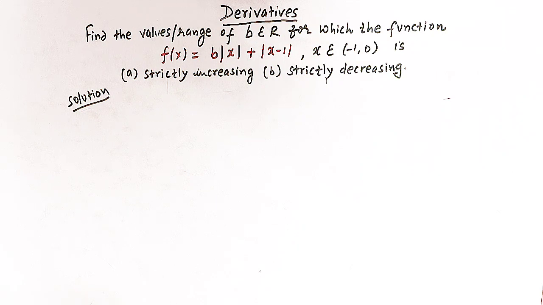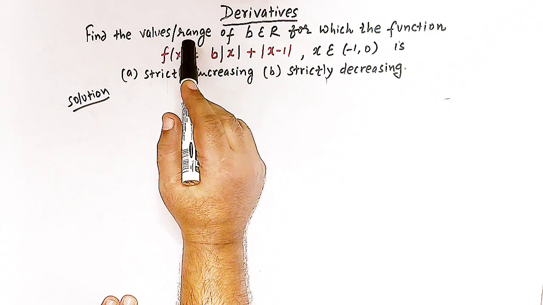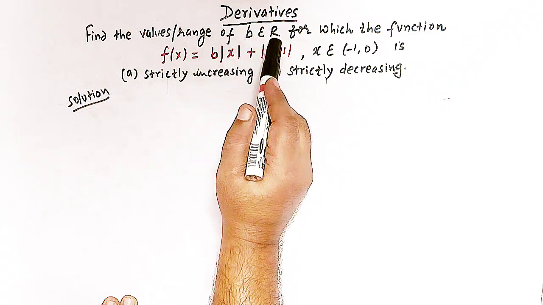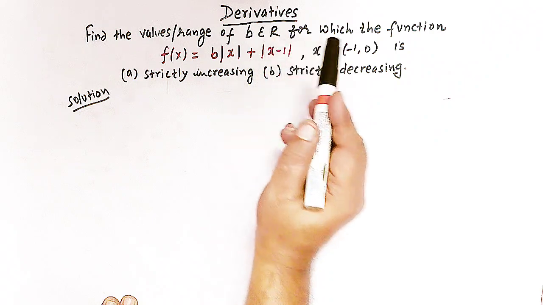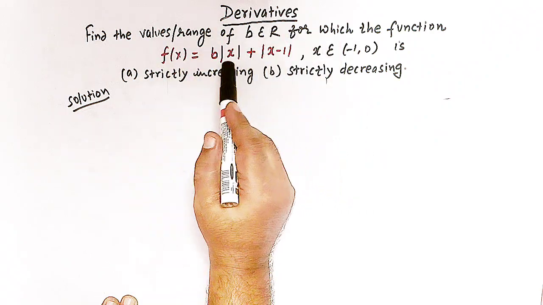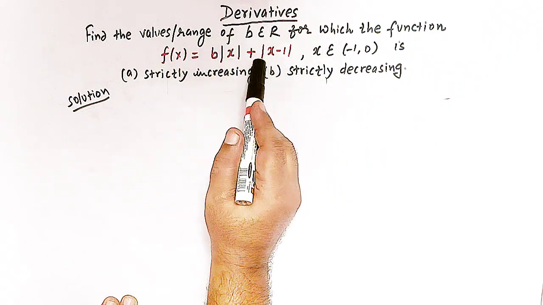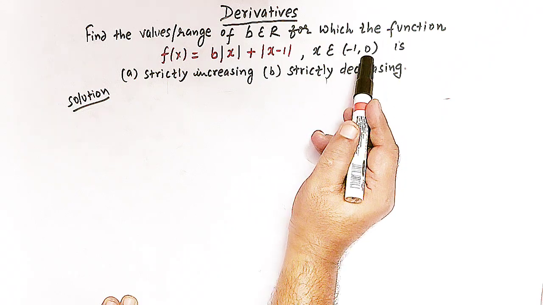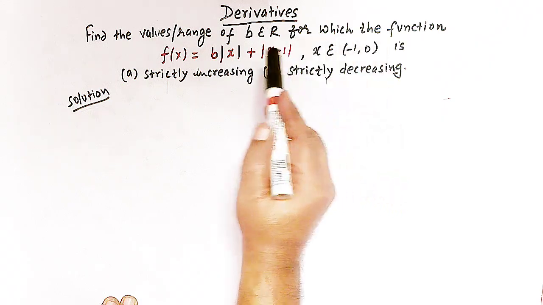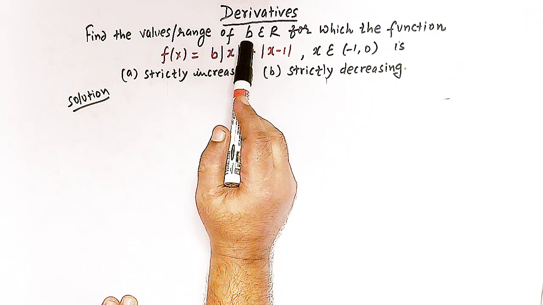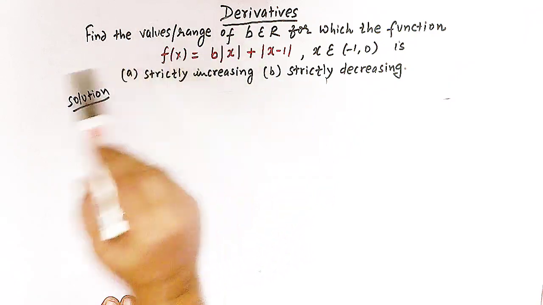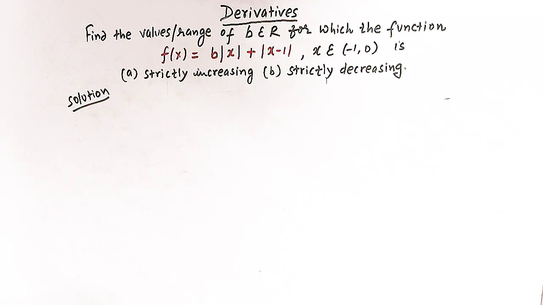This function is a combination of two mod functions, and we have to find those values of b for which this function is strictly increasing and strictly decreasing.